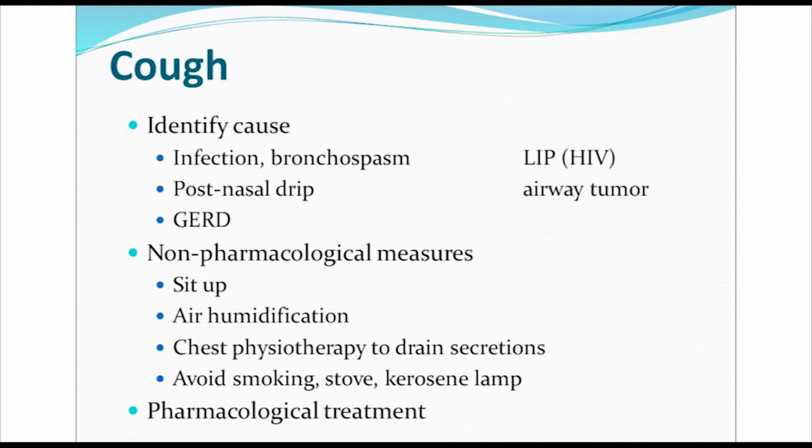So I'll insist now on the non-pharmacological measures, such as sitting up; we have already seen this a little bit in the workshop, so I won't go into details. It came up in the end of life care workshop.